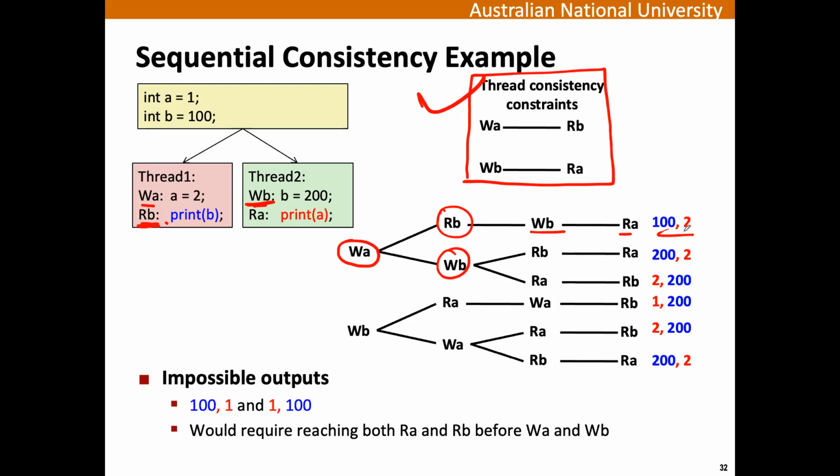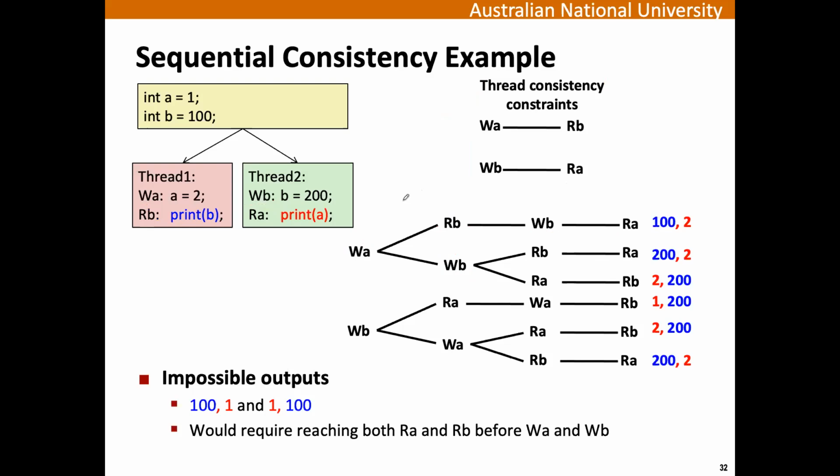So if you do this for all the possible combinations of interleavings, you see that, what are the impossible outcomes?